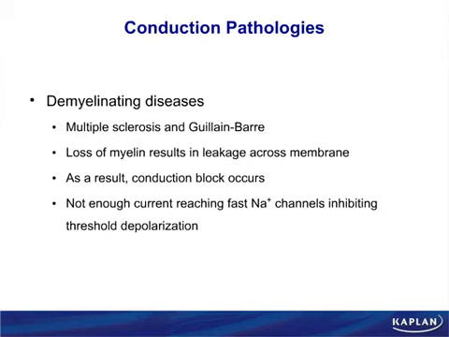Multiple sclerosis, location, central nervous system. It is a demyelinating disease of the central nervous system. So what we lose is that descending inhibition on the alpha motor neuron. When we lose that descending inhibition of the alpha motor neuron, it becomes hyperexcitable, hyperreflexia, spasticity.